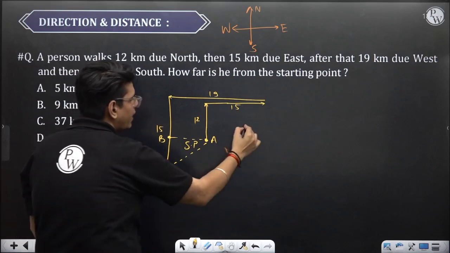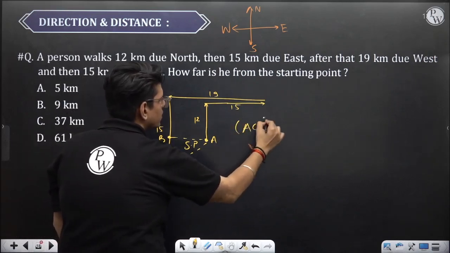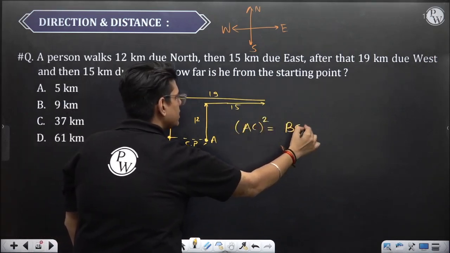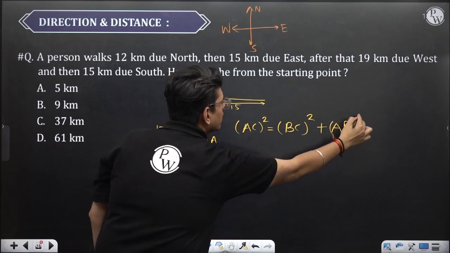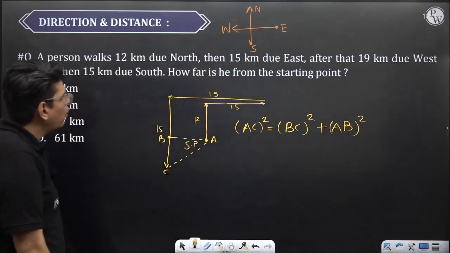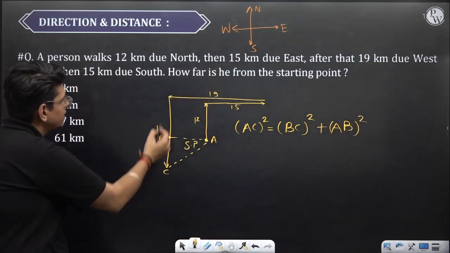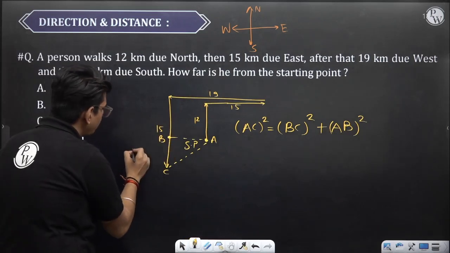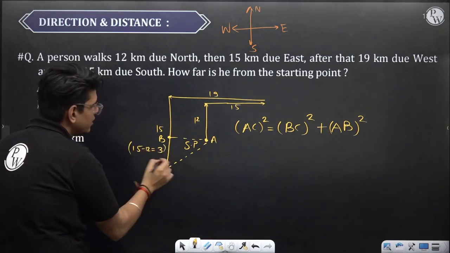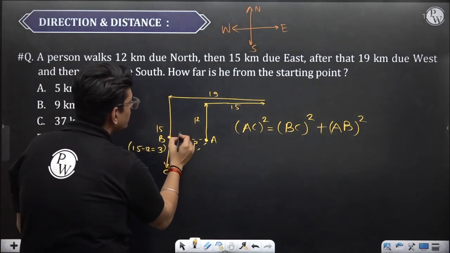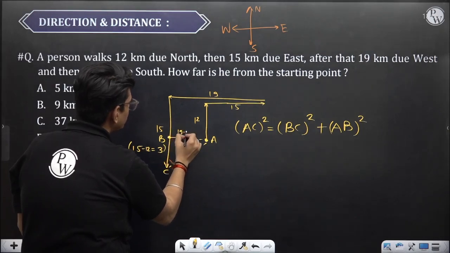So we need to find AC square equals BC square plus AB square, right? Now, BC is nothing but 15 minus 12. This is 3, right? Similarly, this is nothing but 19 minus 15, which is 4, right?